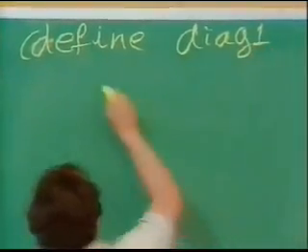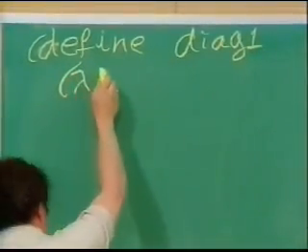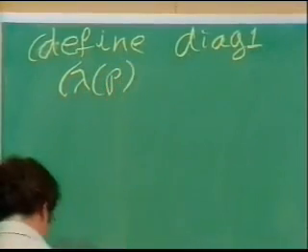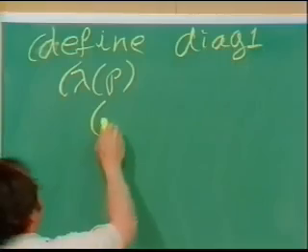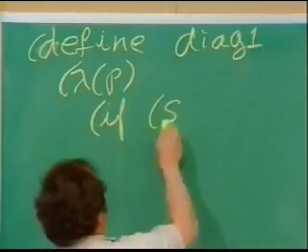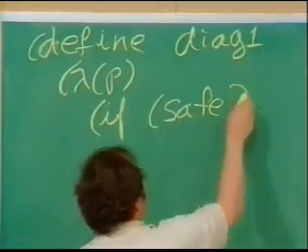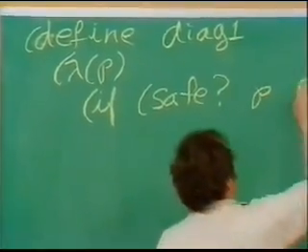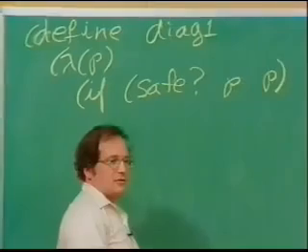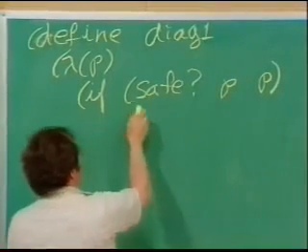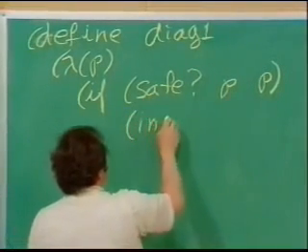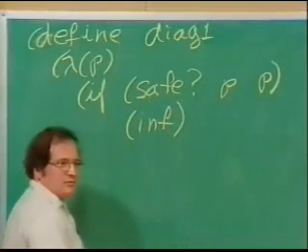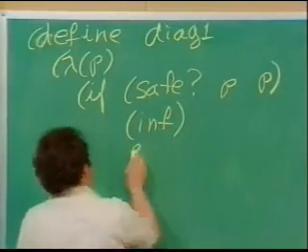Diag1 to be the procedure of one argument P, which has the following properties. If it's safe to apply P to itself, okay, then I wish to have an infinite loop. Otherwise, I'm going to return 3.